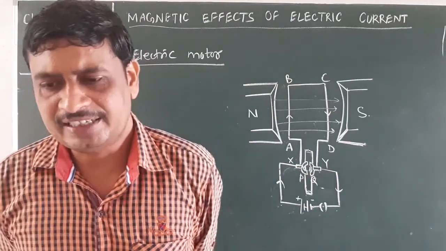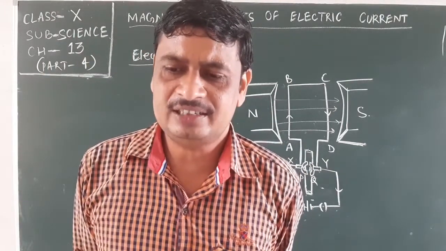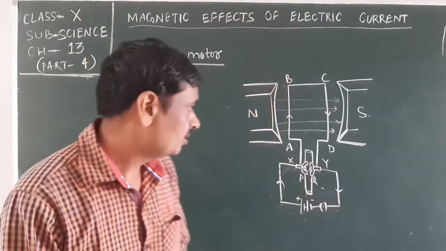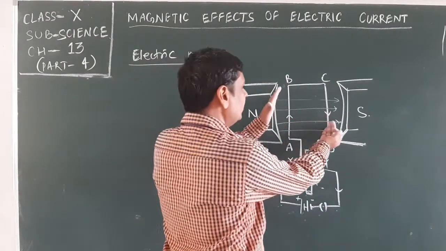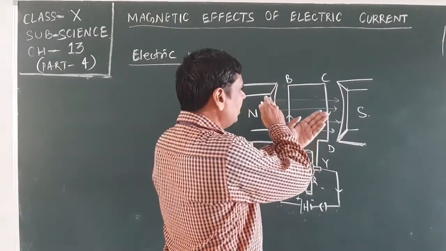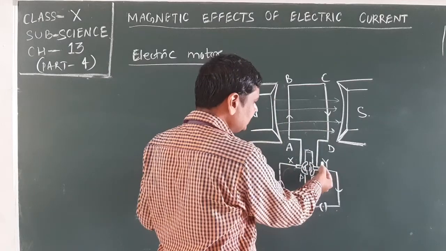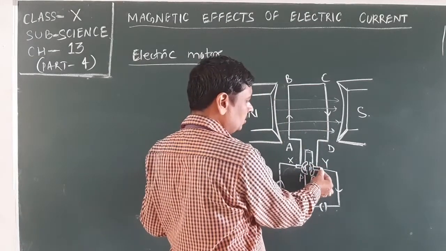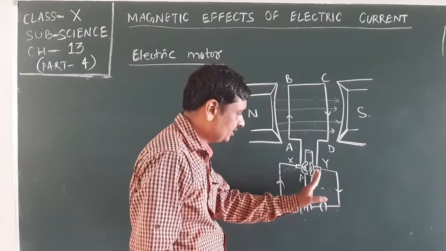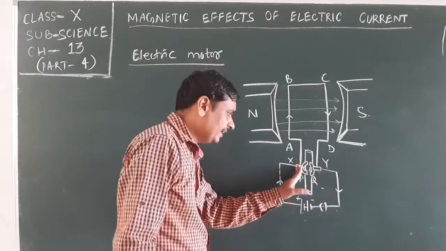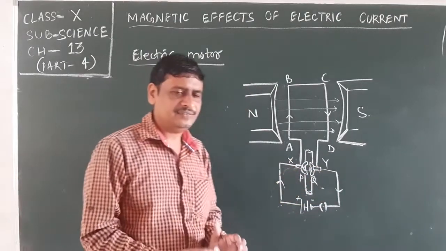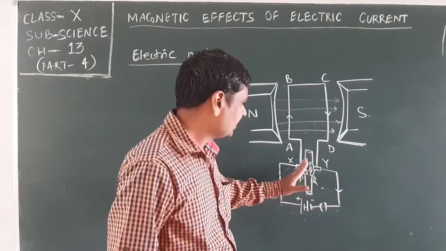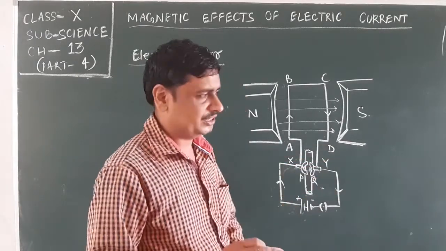At half rotation, Q makes contact with brush X and P with brush Y. When it rotates half way, ring P comes to brush Y and ring Q comes to brush X. But what will happen in this half rotation?